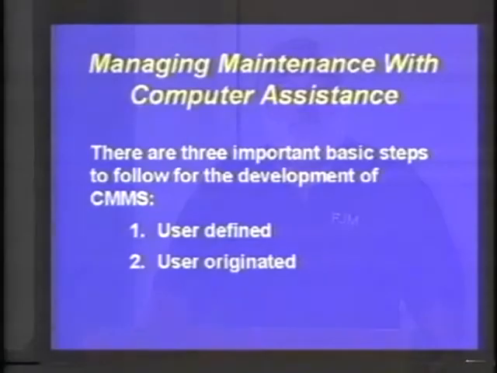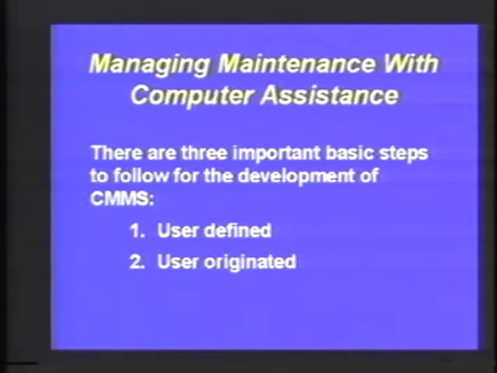The second step is user-originated, and here is the disciplines of actually putting all of the data elements into CMMS. In other words, someone must be responsible to put the data relative to assets, their spare parts requirements, and the maintenance requirements.